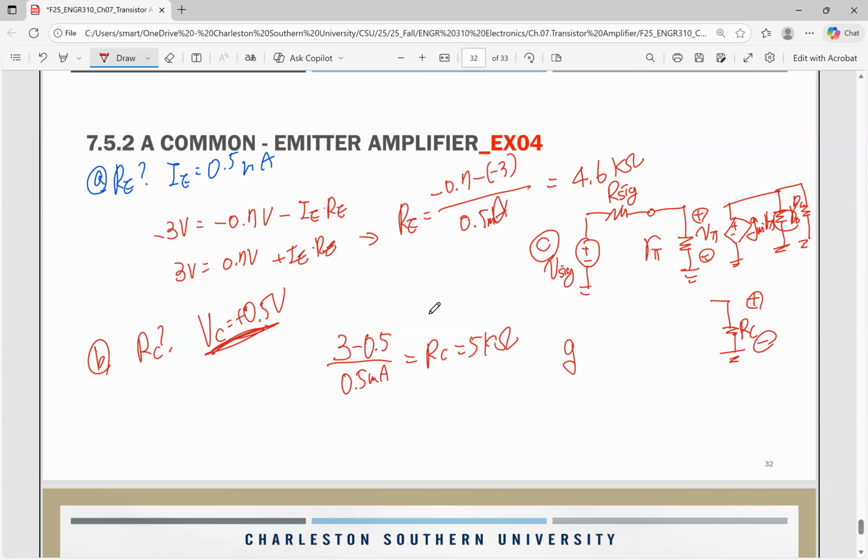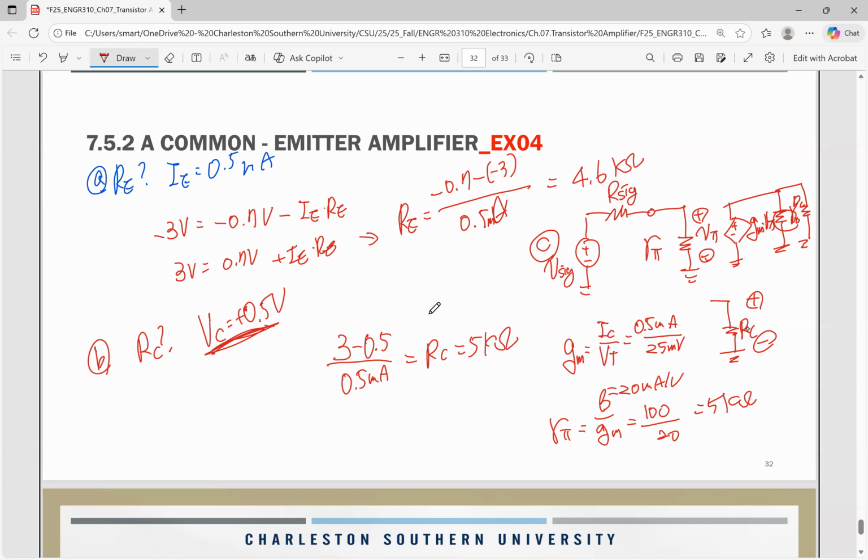Also we calculate G sub M as I sub C over V sub T: 0.5 milliamp divided by 25 millivolt, where this is the thermal voltage, gives 20 milliamp per volt. And R sub pi is beta over G sub M, 100 divided by 20, which is 5 kilo ohm.